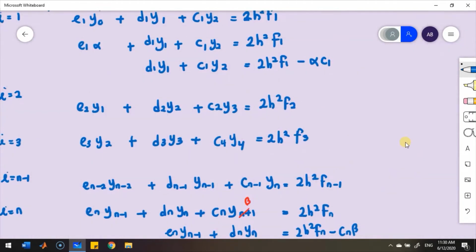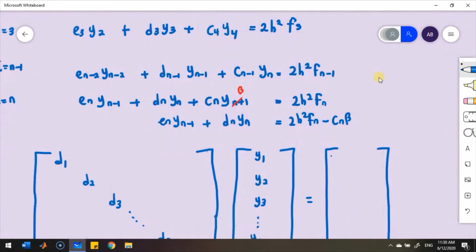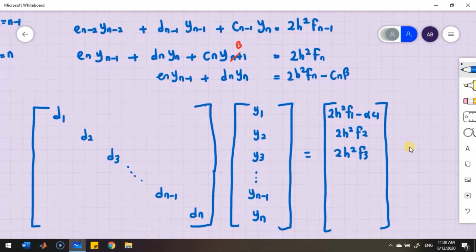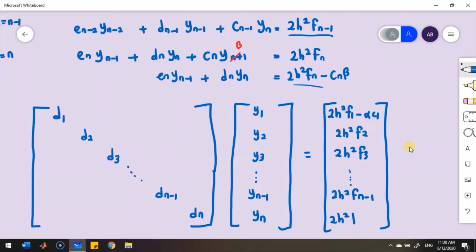Start with 2h squared f1 minus alpha c1, and then we have 2h squared f2, 2h squared f3, and then dot dot dot up to 2h squared fn minus 1, and lastly 2h squared fn minus beta cn, or cn beta, it doesn't matter.